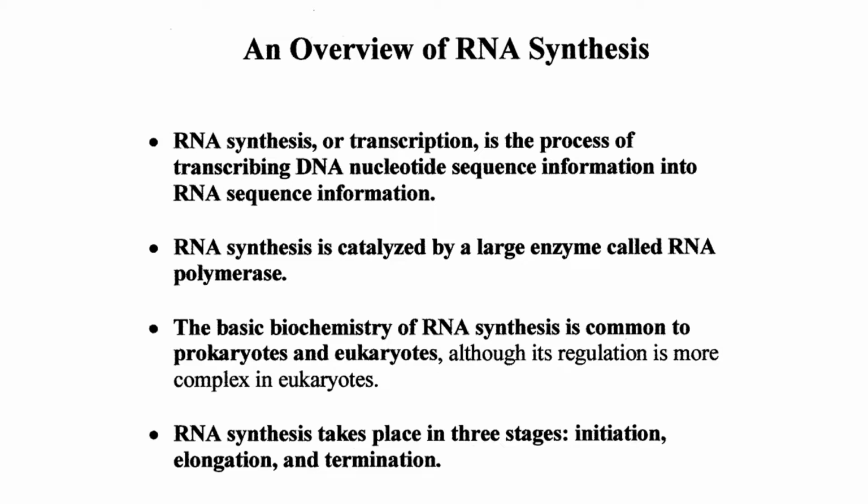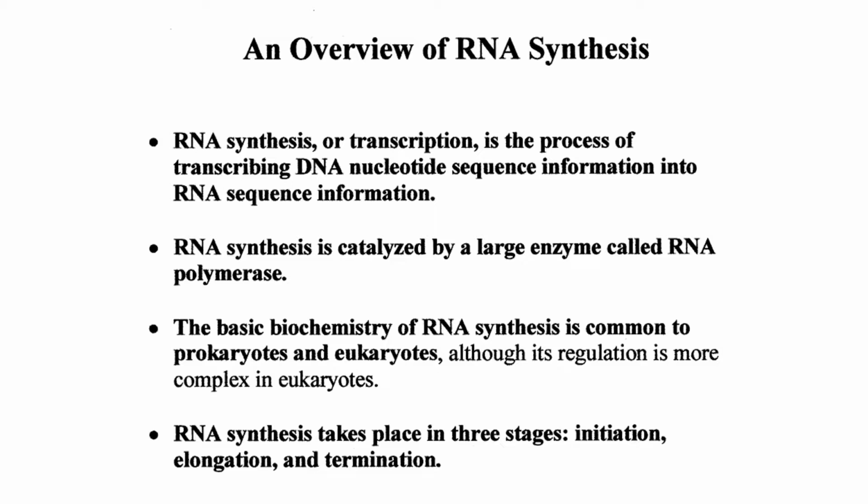So this is an overview of RNA synthesis. Synthesis of RNA is catalyzed by a large enzyme complex called RNA polymerase. The polymerase copies the template strand of DNA to produce an RNA copy that is anti-parallel and complementary.